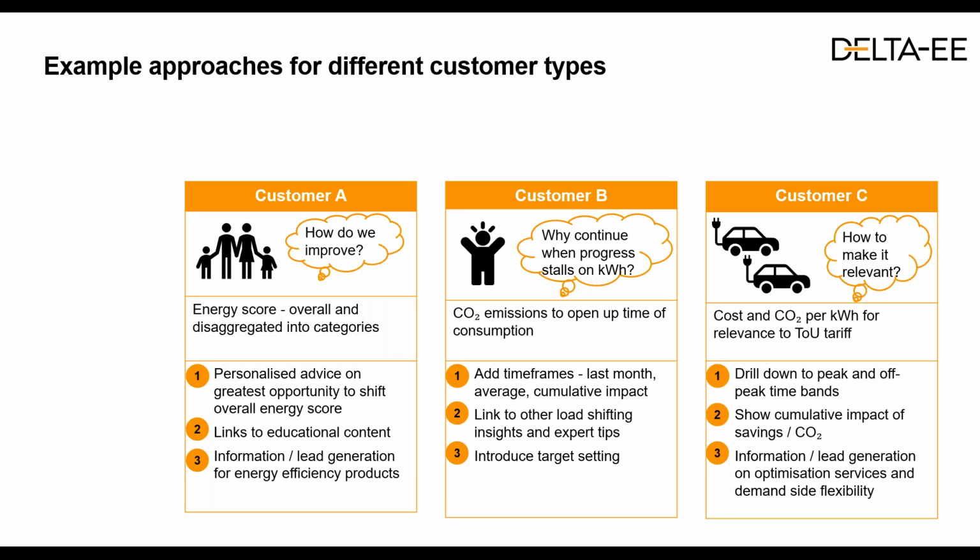So this is now highly relevant to them, and they can see how they can impact things. And you could explore ways of optimizing their EV assets to further improve their ranking in the social comparisons, by bringing in upsell opportunities through optimization services or demand-side flexibility. So then it's a win-win for them and the energy system.